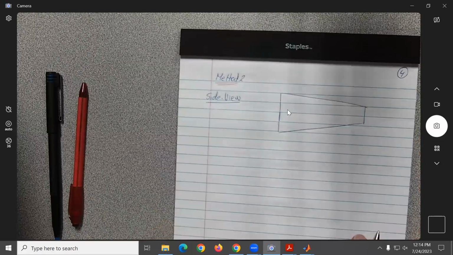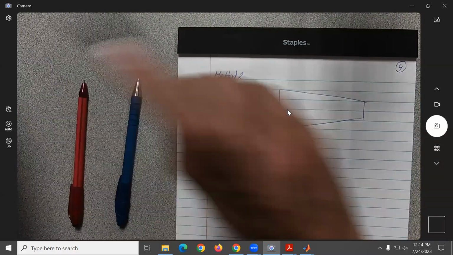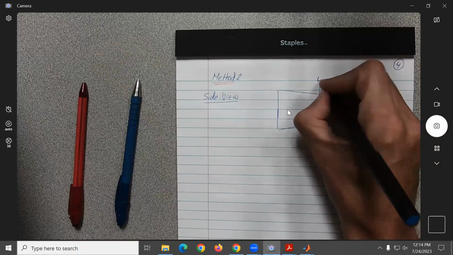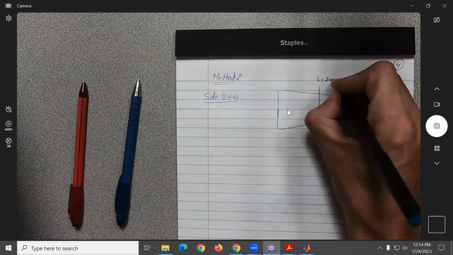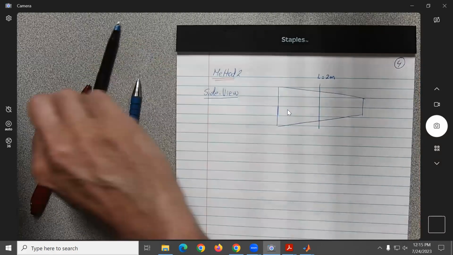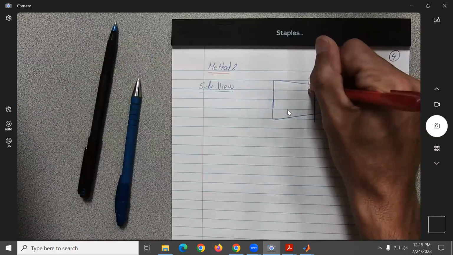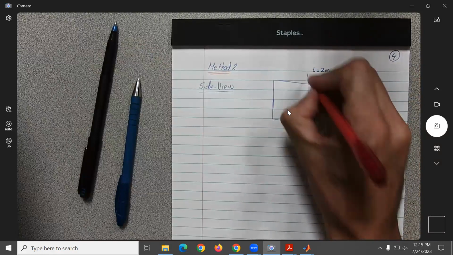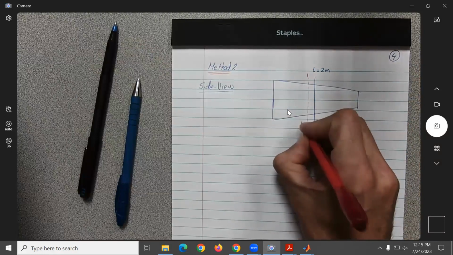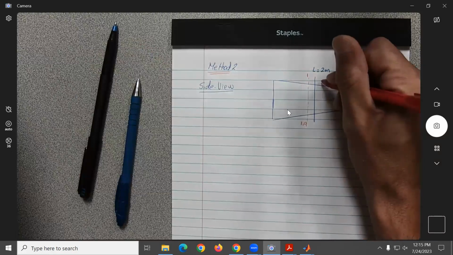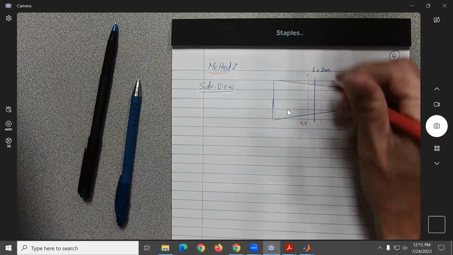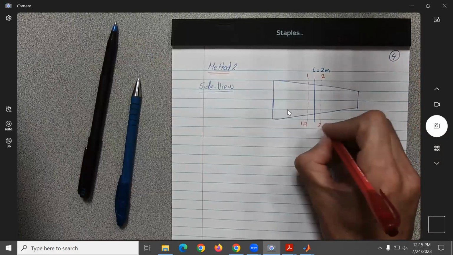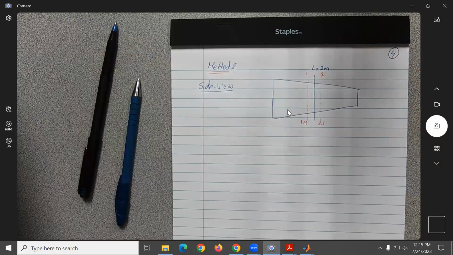All right, so what we try to find here is at L equals 2 meters. So we're going to make a cut here, so let's say cut 1 will be at 1.9 meters, and cut 2 will be at 2.1 meters.